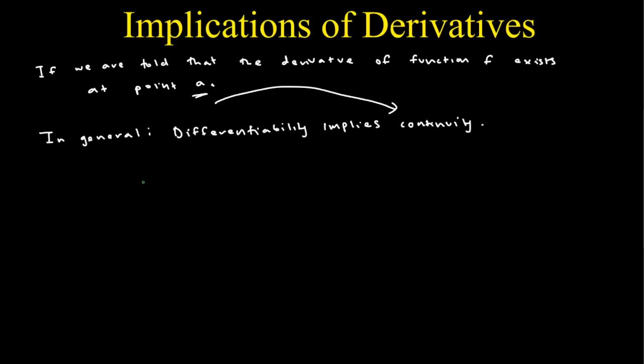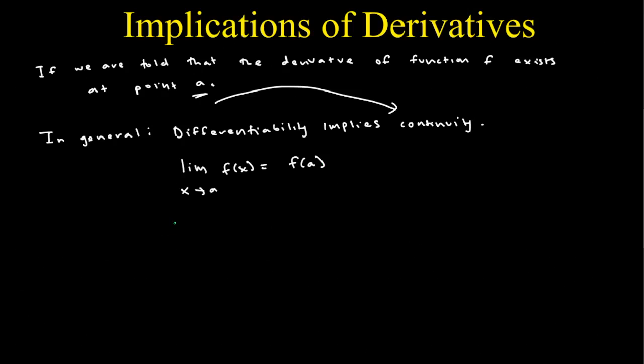So essentially, if we are told that the function is continuous at point A, right, we can write this as limit as x tends to a of f of x is equal to f of a, right? This sort of comes from our previous discussions about continuity.